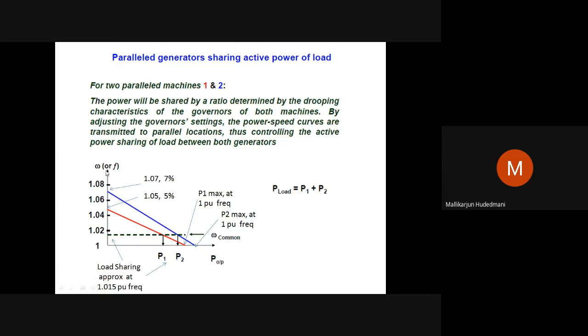So x-axis to y-axis I shift. The y-axis is omega or frequency in per unit. Whatever the 50 hertz, 50 divided by 50, 1. So 1, 1.02, 1.04, 1.06, 1.08, 1.2, as you see. These were the frequencies put in per unit representation.